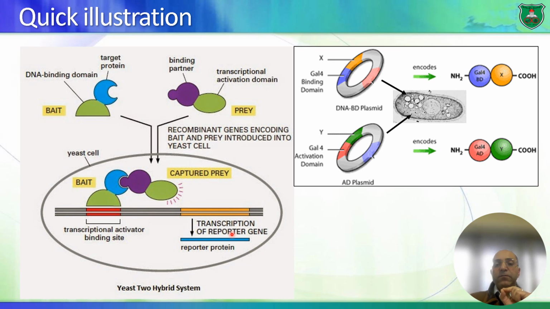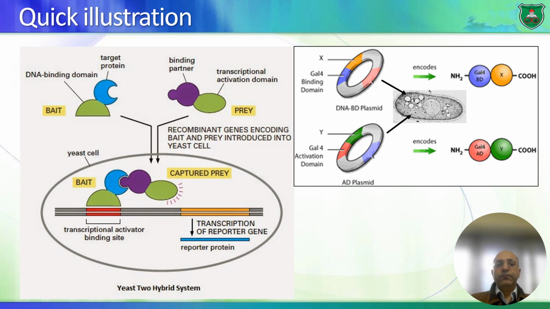If X does not interact with Y, then the DNA binding domain would not be close to the activation domain, and as a result, there would be no transcription of the LAC-Z gene, there would be no production of beta-galactosidase, there would be no cleavage of X-gal, there would be no blue product, and the colony would look whitish, not bluish.